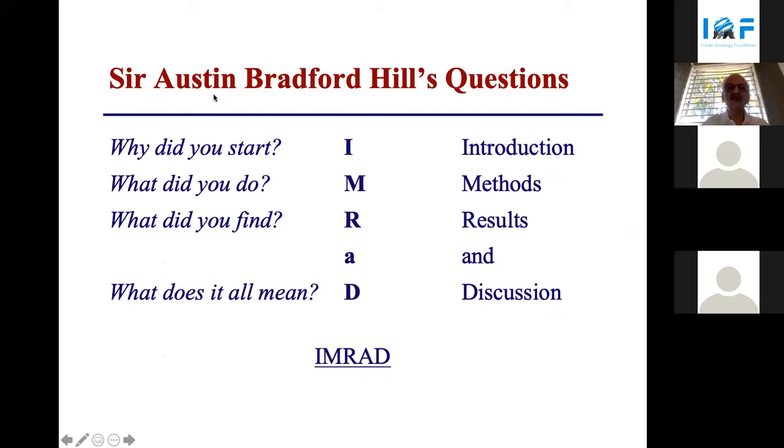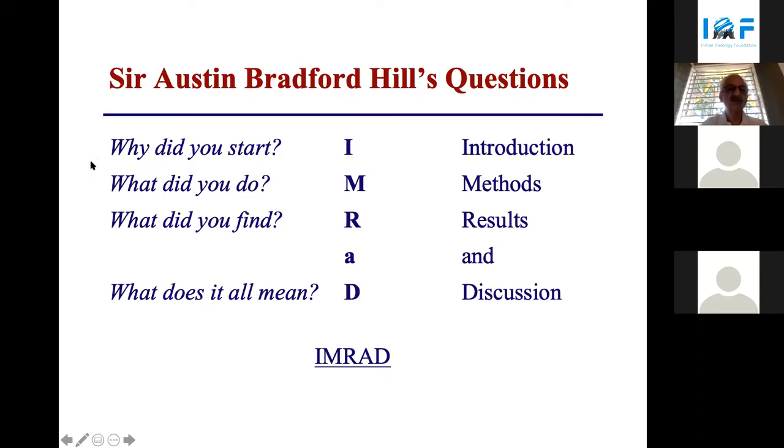So Austin Bradford Hill, a gentleman who did some pioneering work on the relationship between smoking and lung cancer and the establishment of disease causation, things that go along with his name, said whenever you write up a paper, you must ask yourself and answer 4 questions.